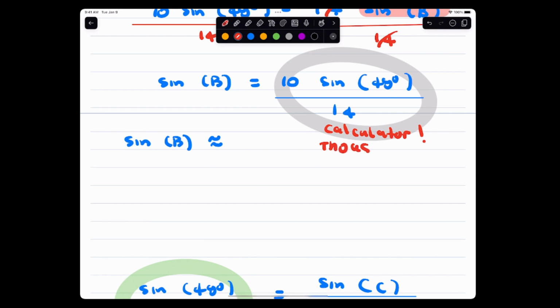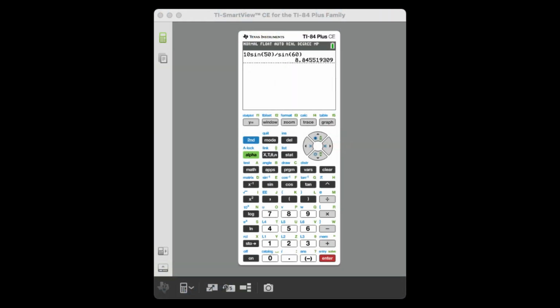Where's the thousandths position? Is that 3 decimal places? So let's try this out. You're going to say what? 10 sine of what? 48 divided by 14. What do you guys end up with? 0. What? 0.53 what? 1.